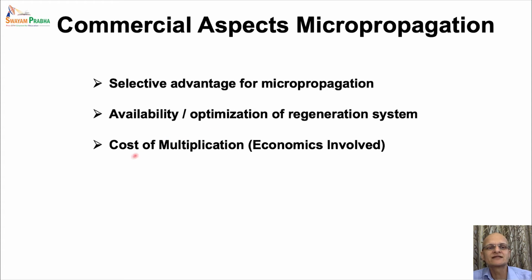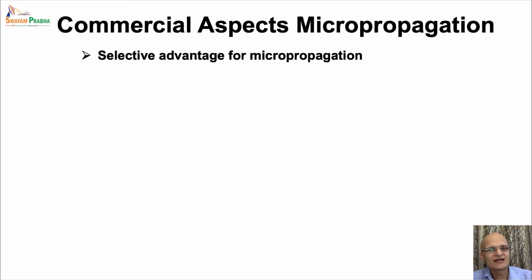And the third is the overall cost of multiplication, that is the economics involved throughout the process. So let's start with the first one, that is selective advantage of micropropagation.